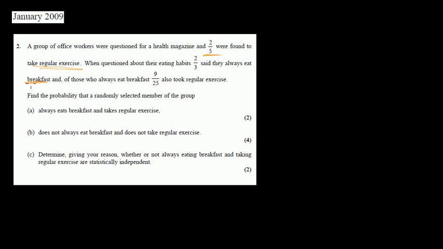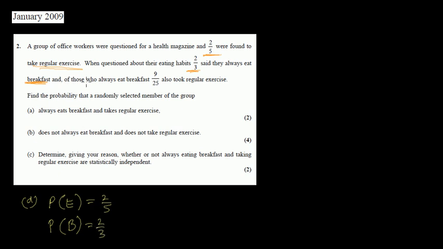So eat breakfast, that is 2/3. We can just write this here. Probability of regular exercise, E, is 2/5. Probability of eating breakfast, B, is 2/3.